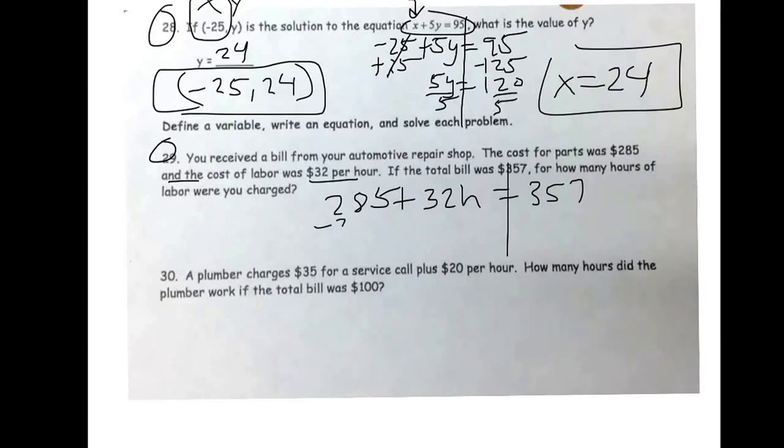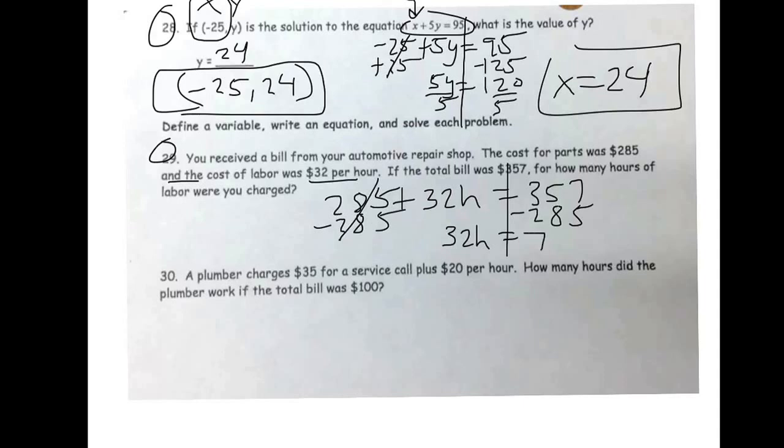We go straight into solving. Minus 285 from both sides. 32h equals 357 minus 285, which is 72, divided by 32. And so that's 2.25 hours.